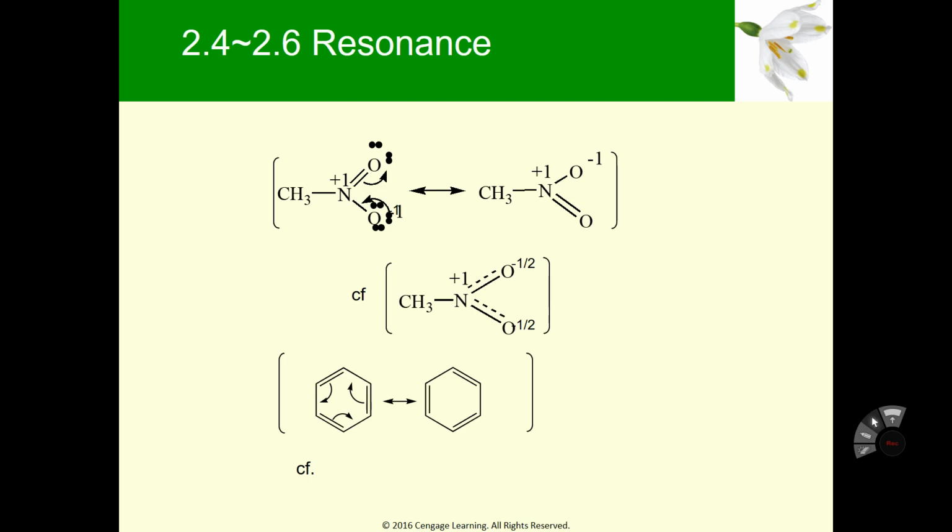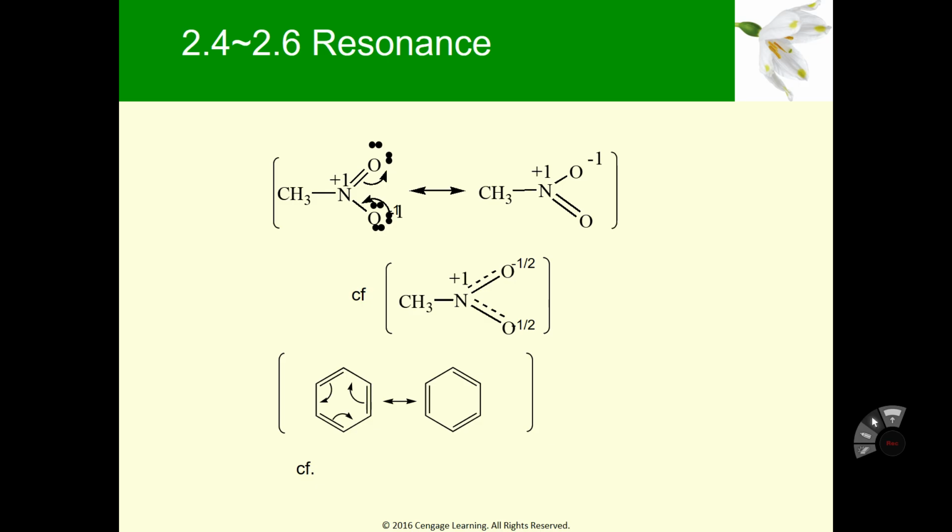Sometimes it behaves like a small particle. Sometimes it behaves like a wave. If it behaves like a wave, it's not an actual particle. Okay. So even if we draw the structure using lines or dots, that doesn't mean the electron is actually located between 2 atoms. Okay.